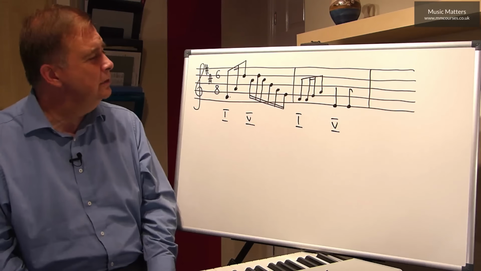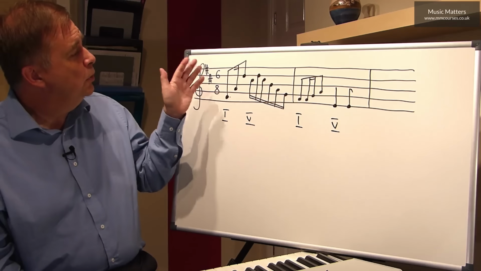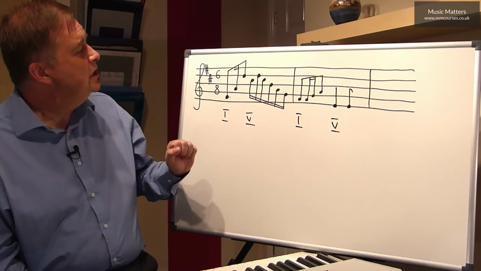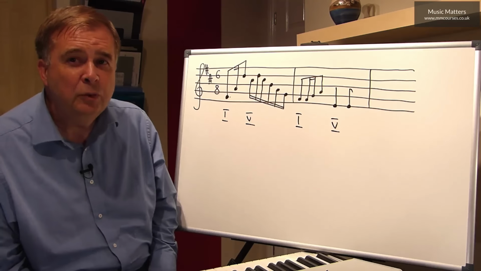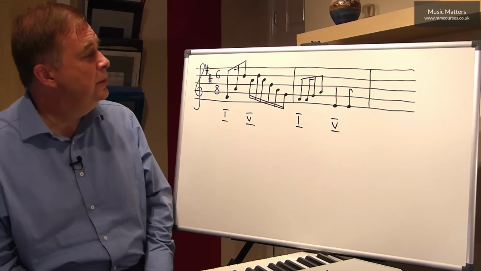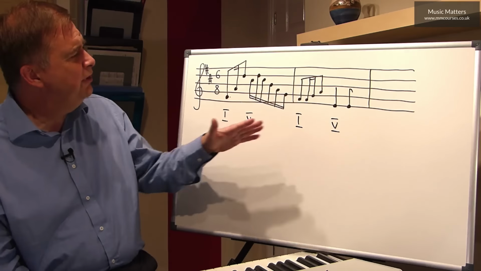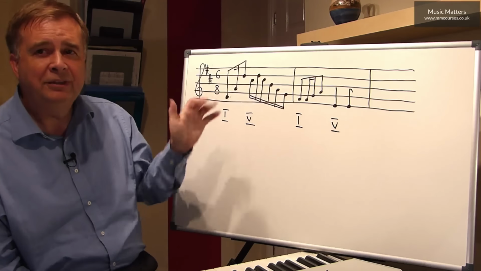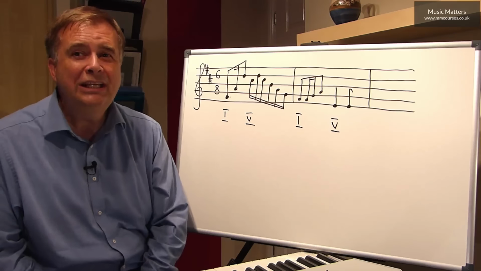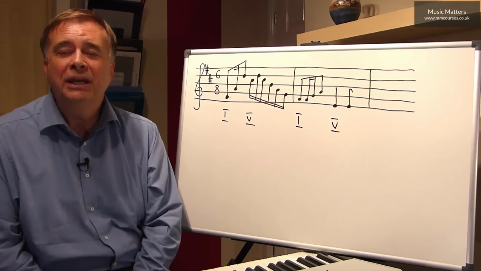And we can do this by thinking about what's happening with the harmony, which we've already done. We can also do it in terms of thinking about what's happening with the rhythm and also what's happening with the melody. So let's just flush out the ideas that we have here given to us, because those are the ideas that we're going to try and reuse as we go through the piece.